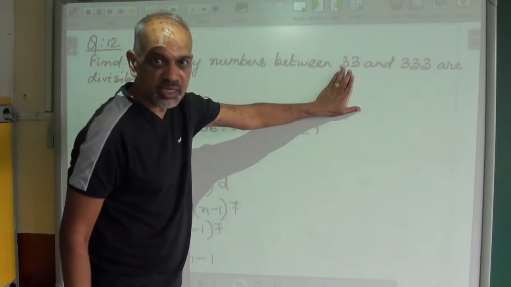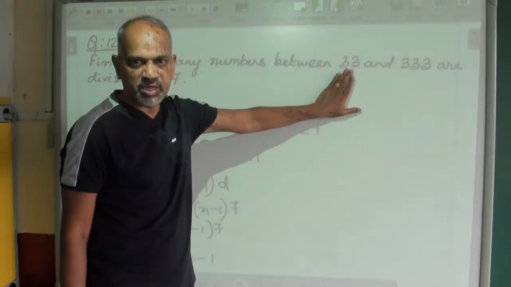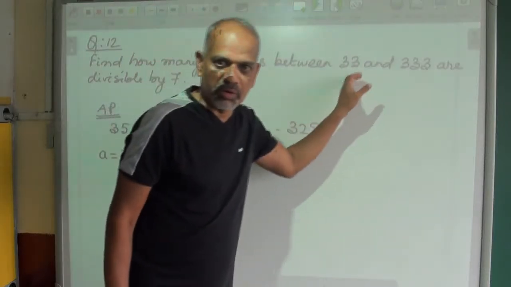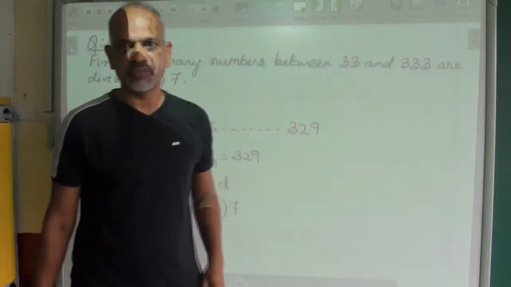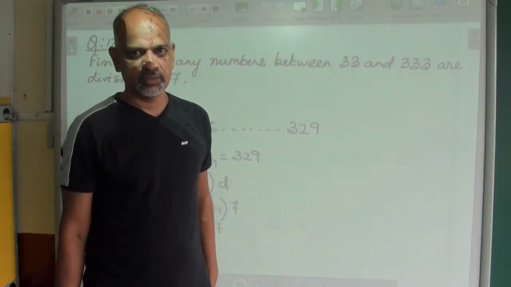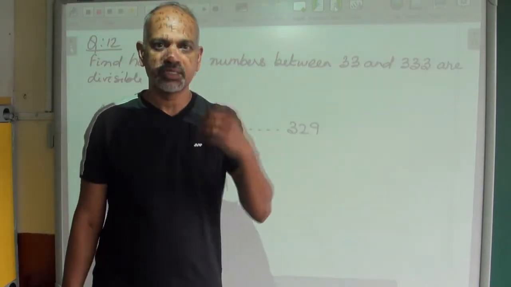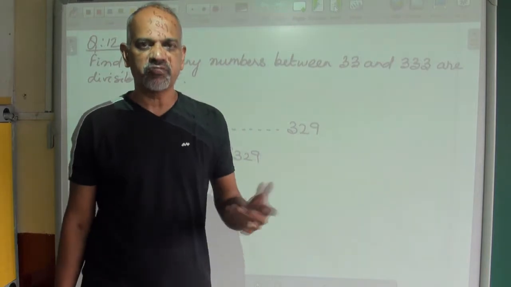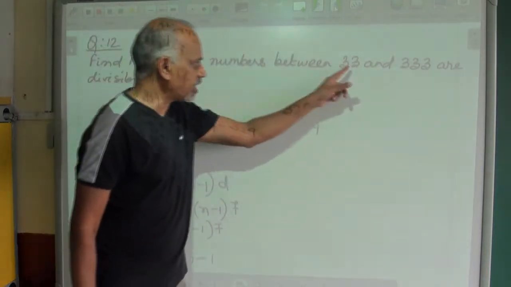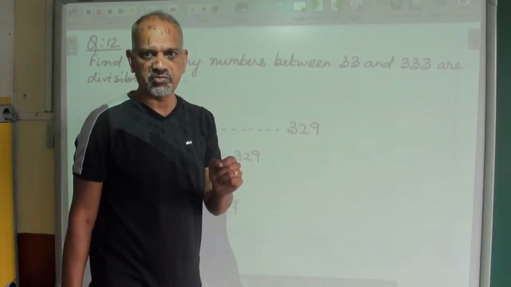So is 33 divisible by 7? Can you divide 33 by 7? No. What about the next number after 33? It's 34. Is 34 divisible by 7? That's also no. So after 34, 35 comes. Is 35 divisible by 7? Yes.